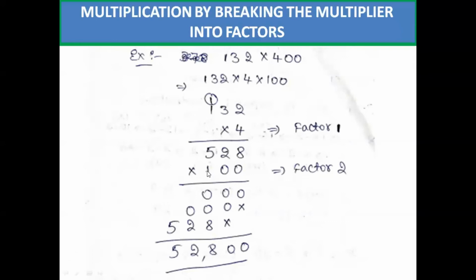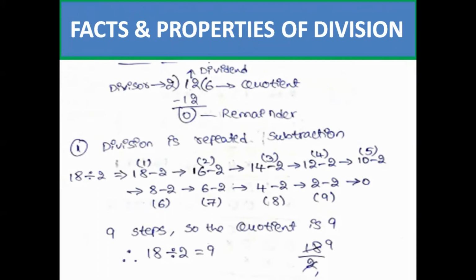And the third row, 1 eight 8, 1 two 2, 1 five 5. Now we have to add these 3 rows. 0 as it is. Next 0 plus 0, 0. 0 plus 0 plus 8, 8. 0 plus 2 how much? 2. 5 as it is. Total 52,800.